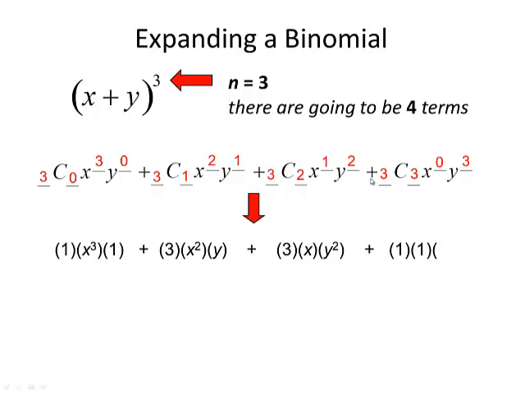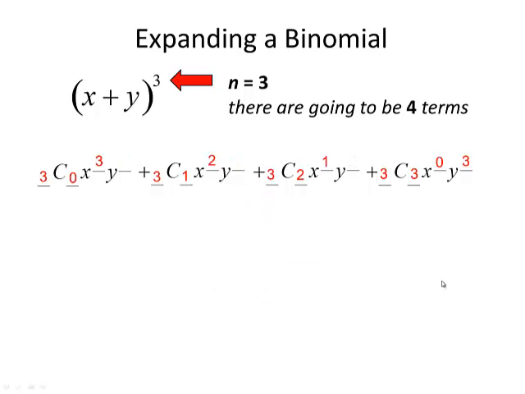Plus 3C3 is 1. X to the 0 is 1. And y cubed. Okay, now simplifying this, cleaning this up a little bit. We have x cubed plus 3x squared y plus 3xy squared plus y cubed.